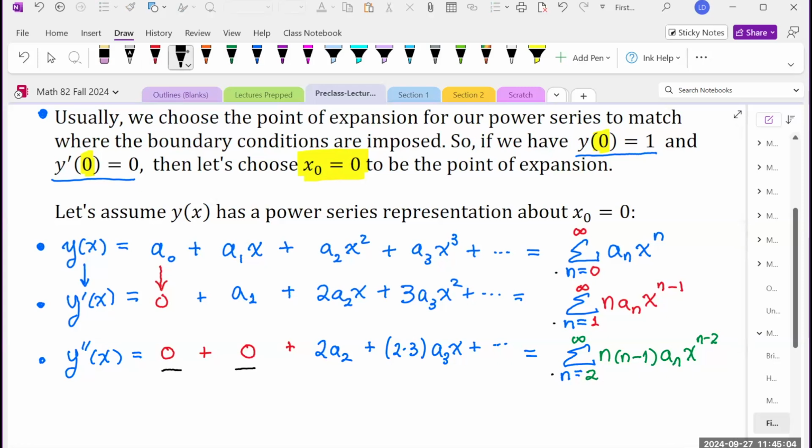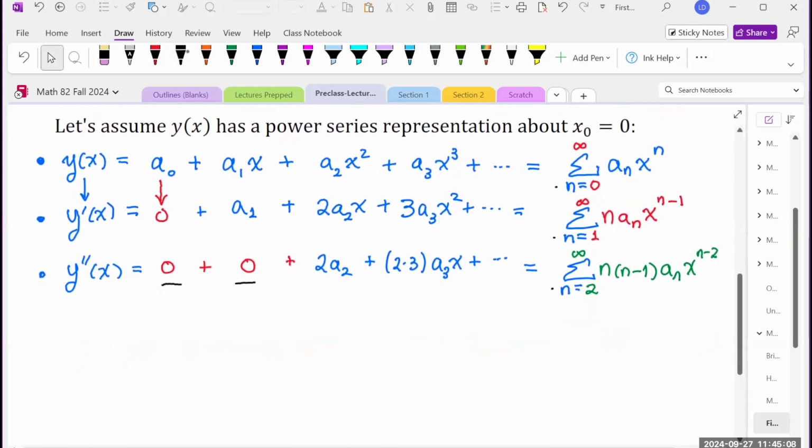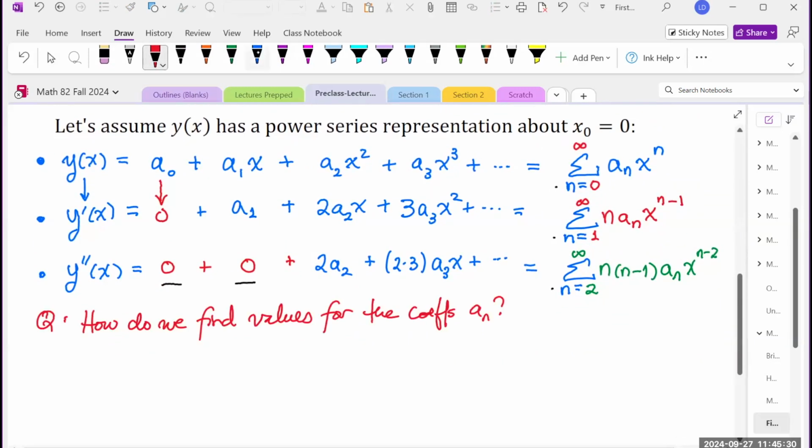Now, how should we go about finding the values for the coefficients a1, a2, and so forth? We already know a couple of things. If I look at y at 0, from the series itself, I know that plugging in x equals 0 gives me y of 0 must be a naught. From the boundary conditions, I know that y of 0 has to be 1.